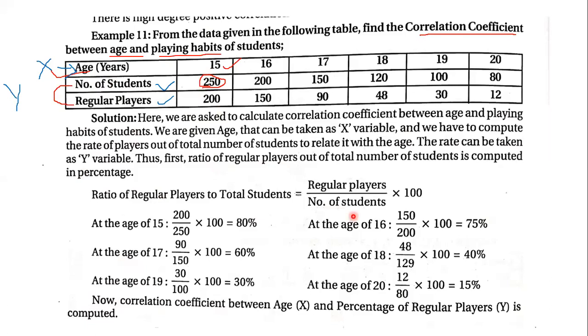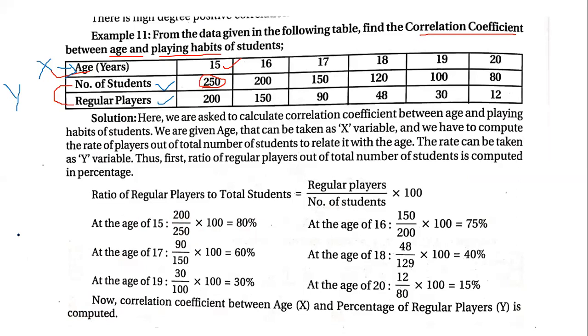We also do this with our subjects. Now for the age of 15, first one, out of 250 people in the class, 200 of them are playing. So I take 200 divided by 250 into 100. That will give me 80% of the students in the age 15 will regularly play. Now, why did I say this is very similar to your test marks?